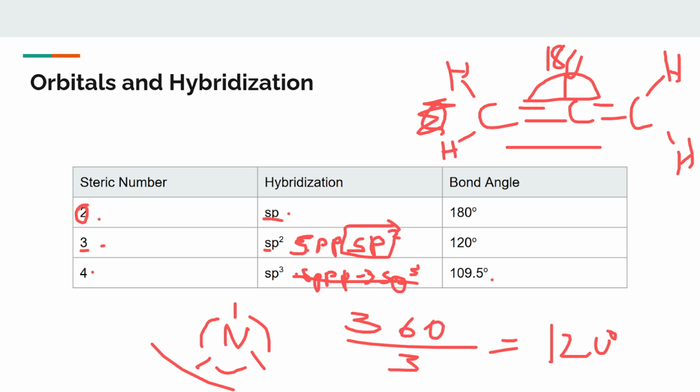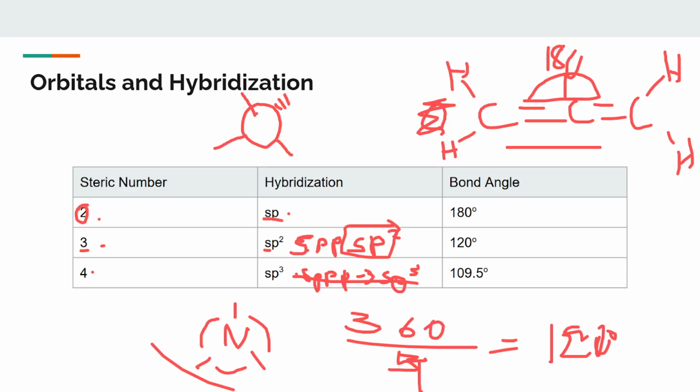And then sp3, the reason why it doesn't just become 360 divided by 4, which equals 90 degrees, is because when we have a sphere, it is better to be a little offset.